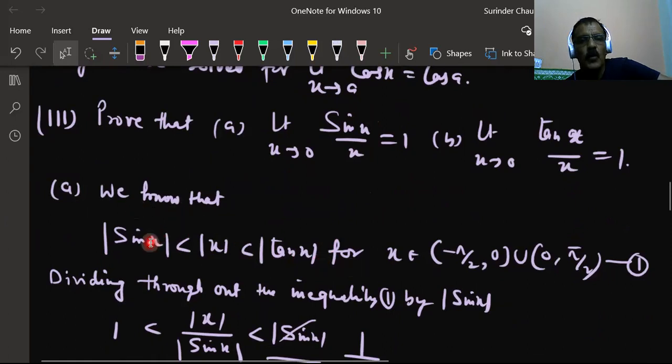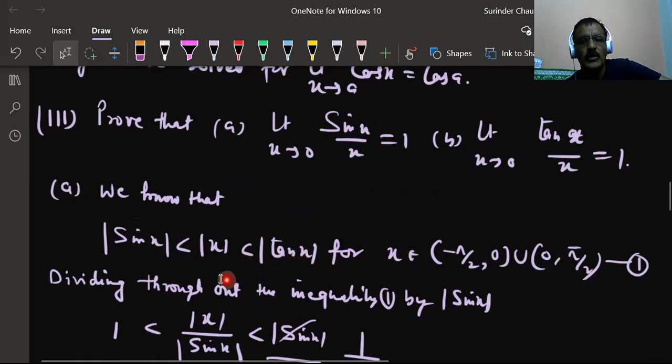We know that modulus of sin x is less than modulus of x is less than modulus of tan x, for 0 less than modulus of x less than pi by 2. Now these are positive numbers.